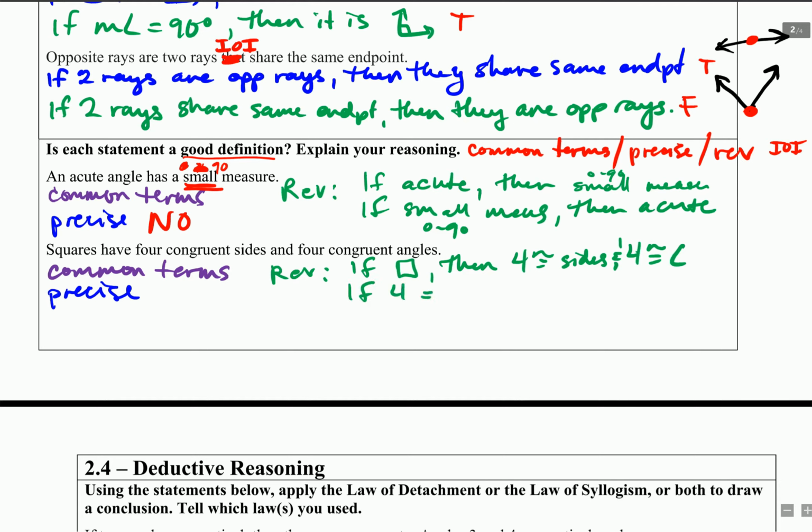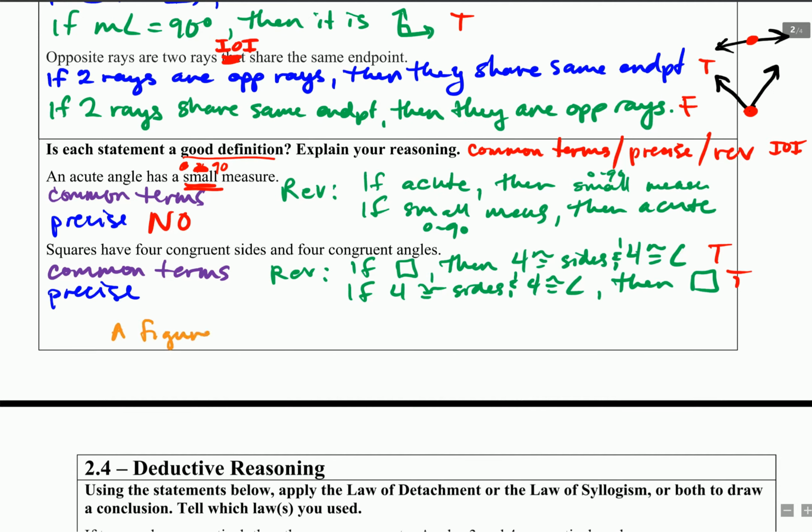If 4 congruent sides and 4 congruent angles, then you're a square. If you're a square, that one's true. And if you have those characteristics, then you're a square. That one is true. This would let us write a very nice biconditional.